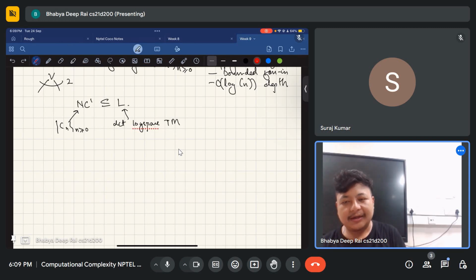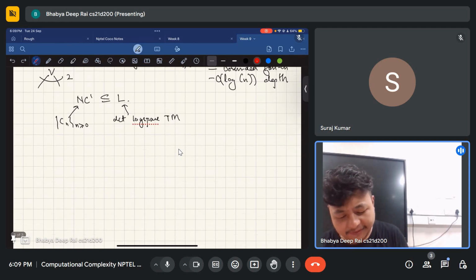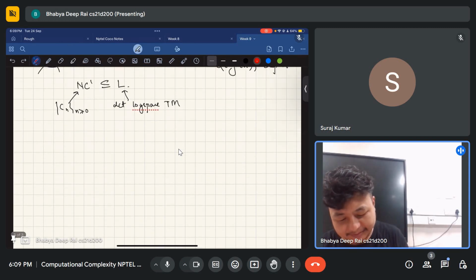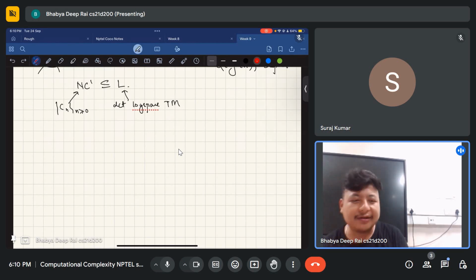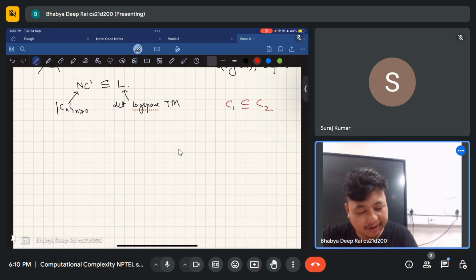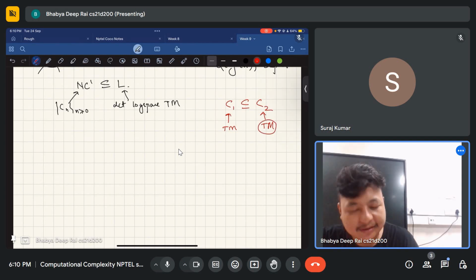Now, how does it work? When you have one complexity class C1 and you want to show that it is contained in C2, usually what you do is you take any Turing machine in C1, and you show that it can be simulated by a Turing machine in C2.